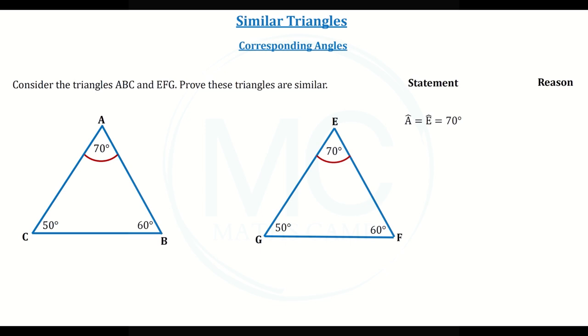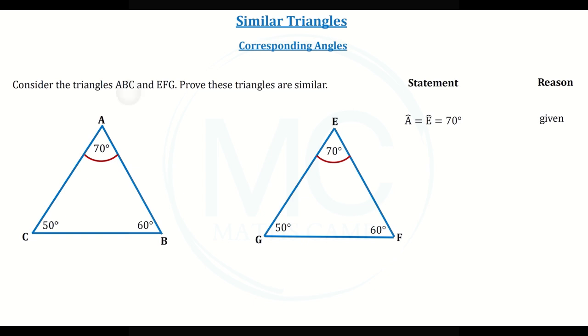The reason why we believe these angles are equal is because the question has given us this information. So, as our reason, we simply say given. If we are using any information given to us in the question, we always use the term given as our reason.